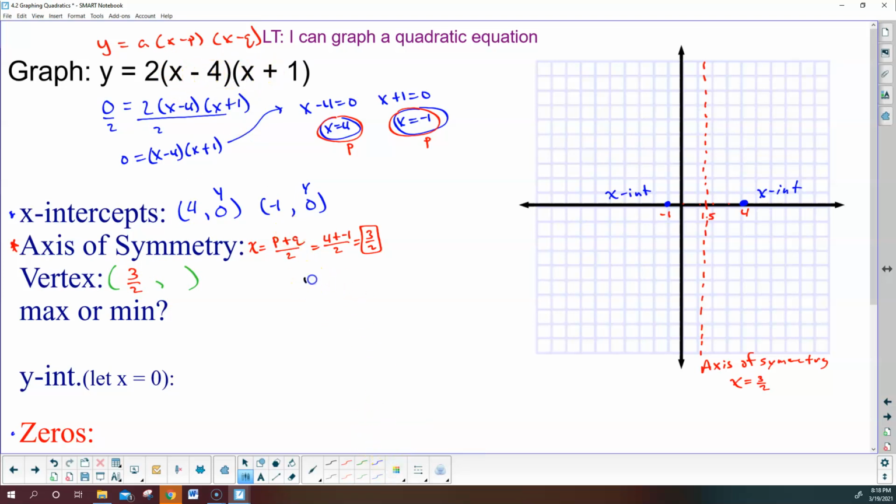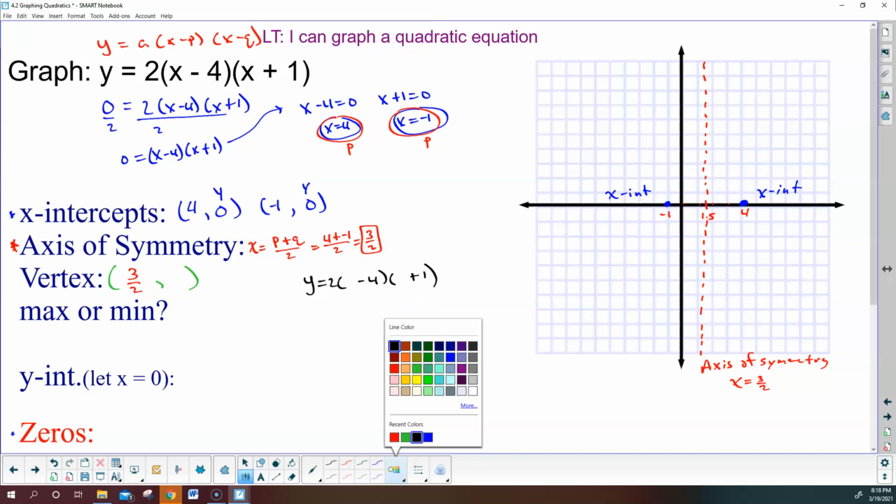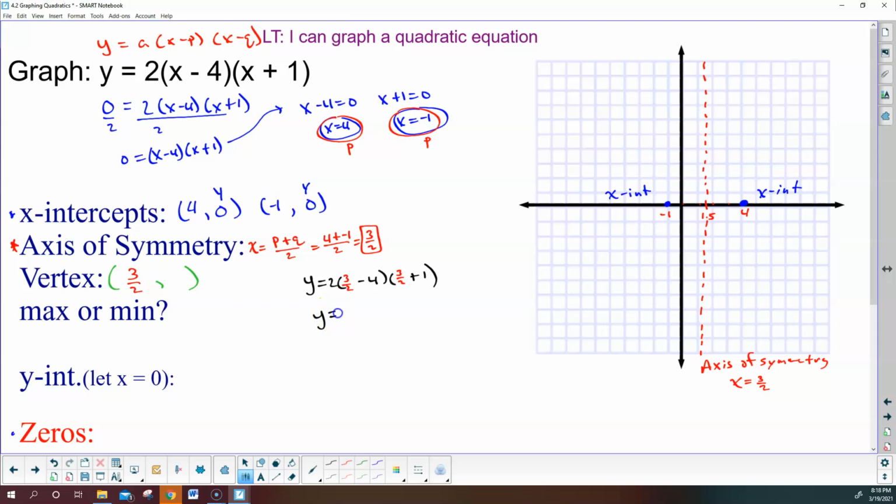So I'm going to do a little side work here. If it's easier, you could put 1.5. It's all up to you. And then I'm just going to simplify. If this is 1.5, I'll get -2.5 when I subtract.